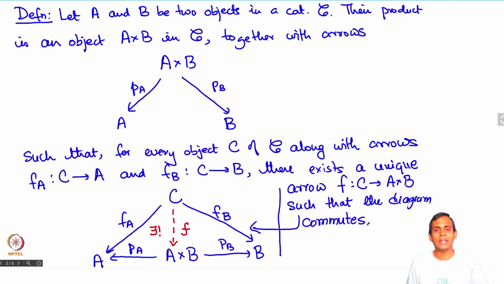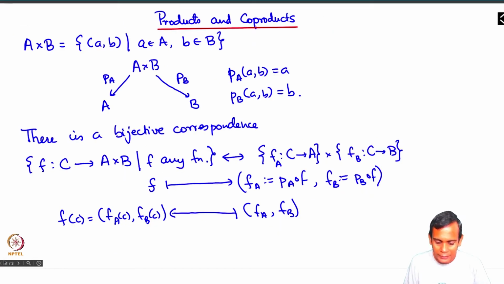So that we can take to be the definition of the product. And in the category of sets, the product is just the Cartesian product, as explained in this example which we did before even talking about the category theoretic definition of products.